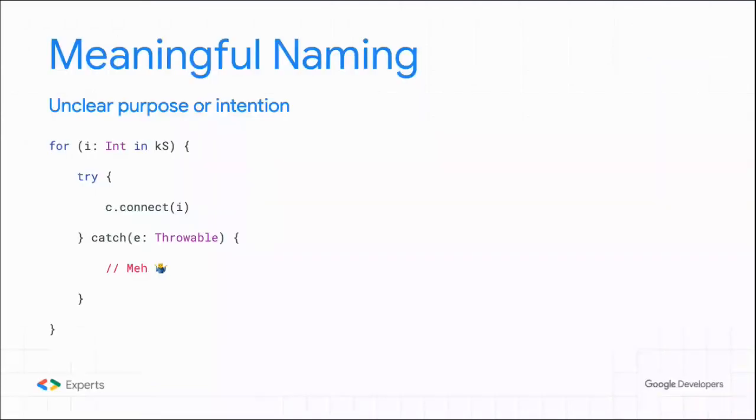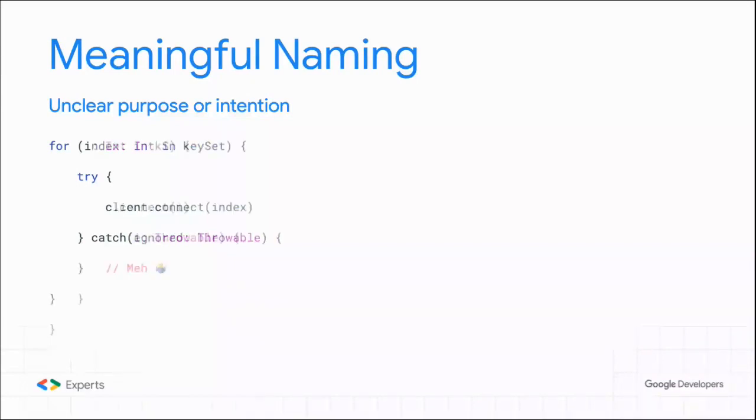So here, if you look at this example, you can see that we're using some single letter names. This example is obviously contrived, but what can we say that this snippet is doing? Well, we can see that it's doing an iteration and attempting a connection, but what is it operating on? What's the cause of the exception, and why is it being ignored?